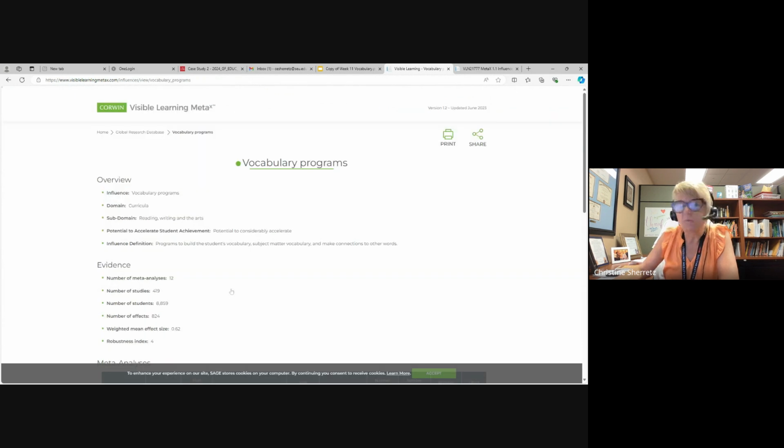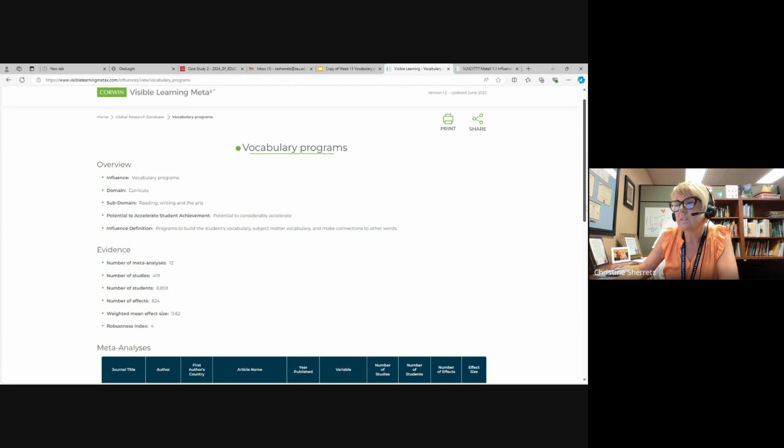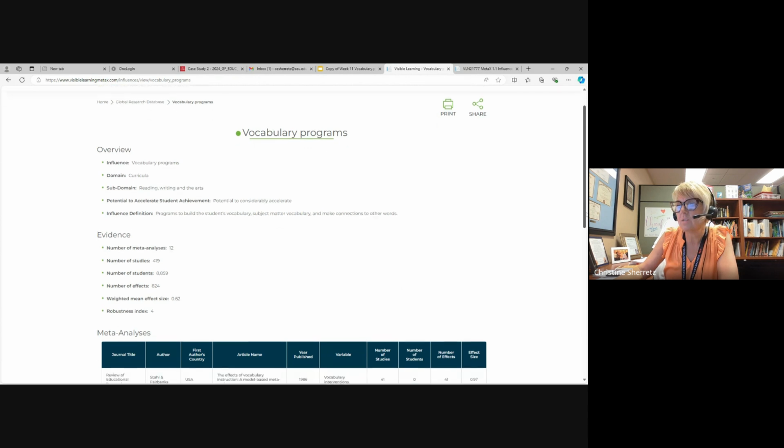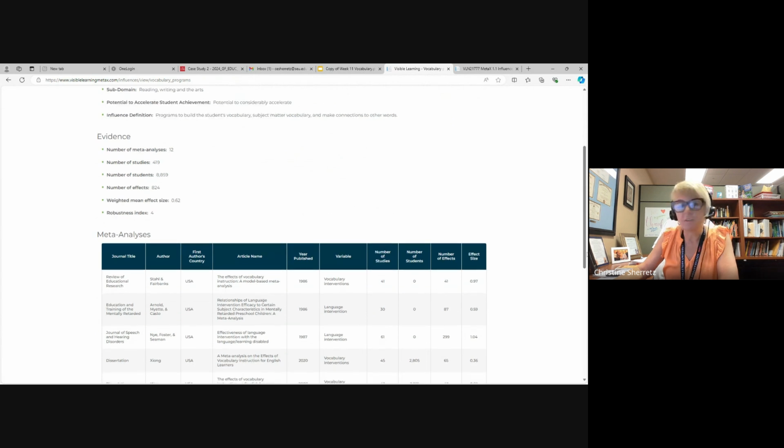So I'm going to go here to vocabulary programs, and I can see that there are 12 meta-analyses. There are over 419 studies with over 8,000 students, and we have the effect size. Now you need to think that anything over 0.5 effect size is good. At a 1 is extremely good.